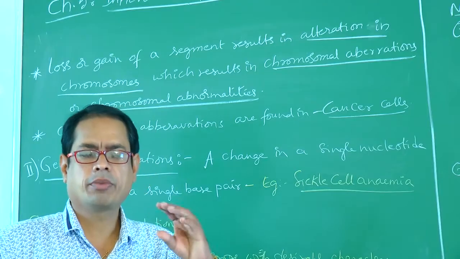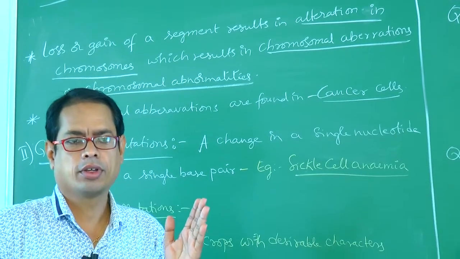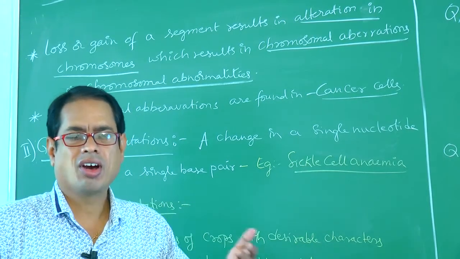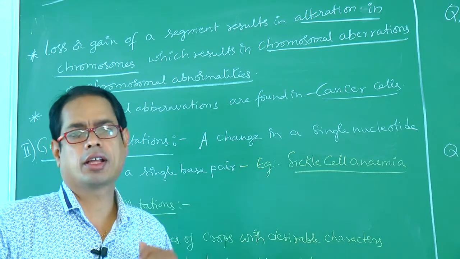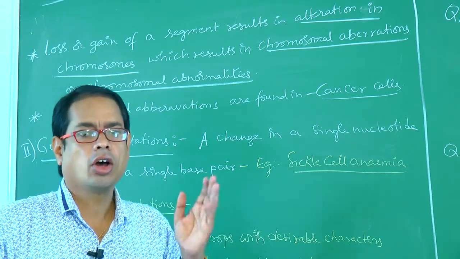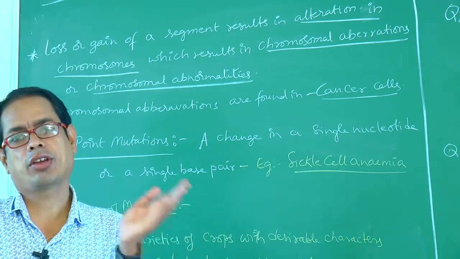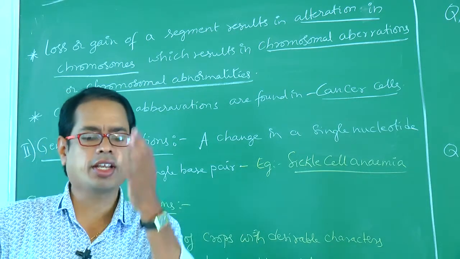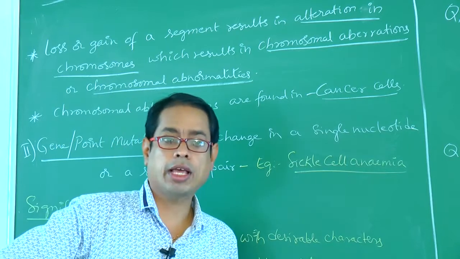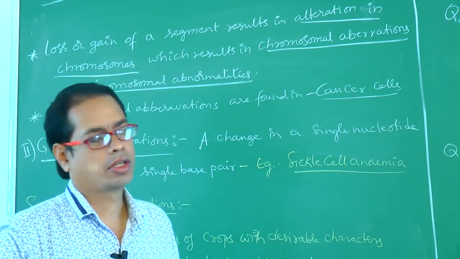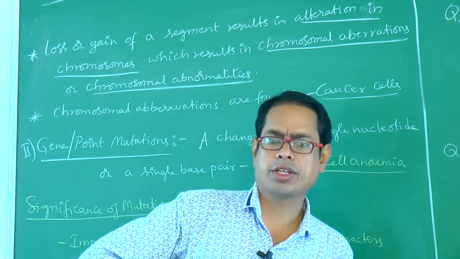In the DNA segment, if loss of a DNA segment or gain of a DNA segment occurs, it results in alteration of genes in chromosomes, which results in chromosomal abnormalities or chromosomal aberrations. What do chromosomal aberrations mean?